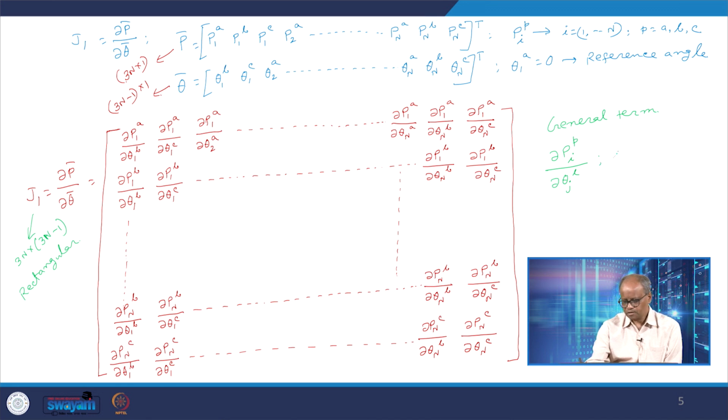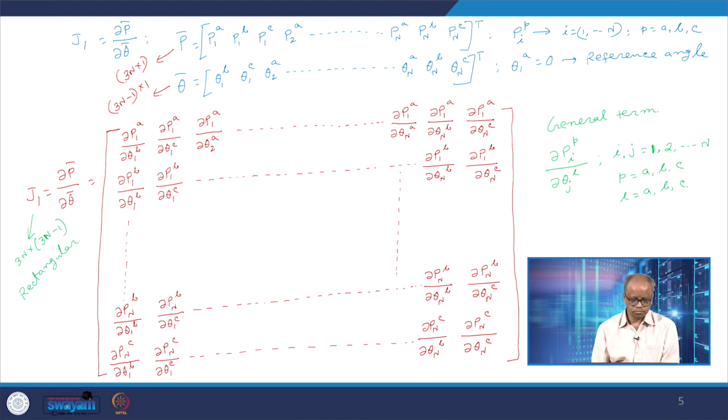I and j vary from 1 to n, and p also varies over a, b, c, and l also varies over a, b, c, except theta 1a, right? Theta 1a doesn't exist, because theta 1a is a known quantity, 0.